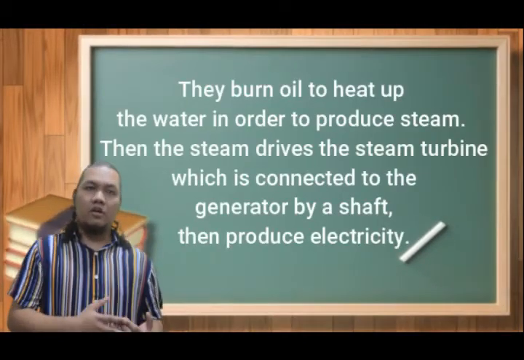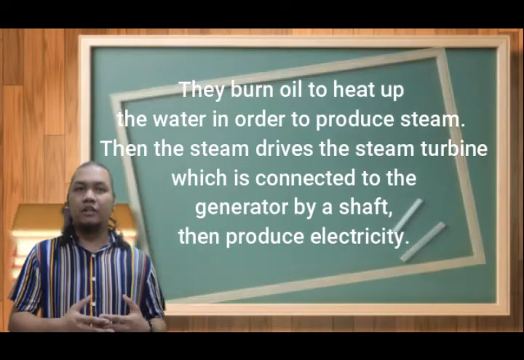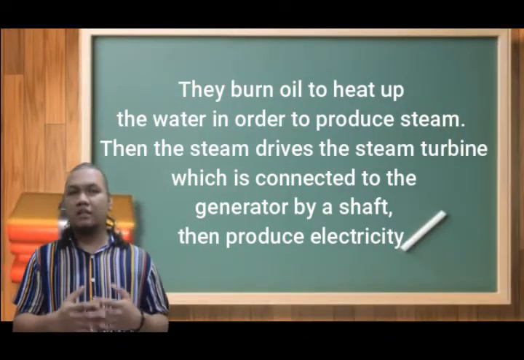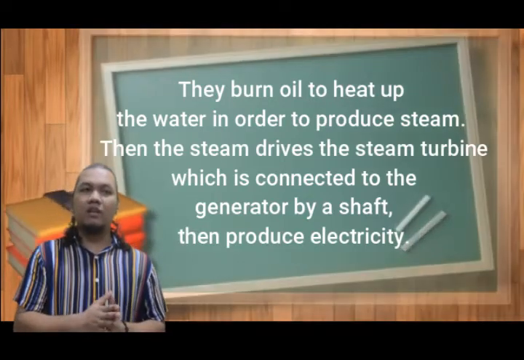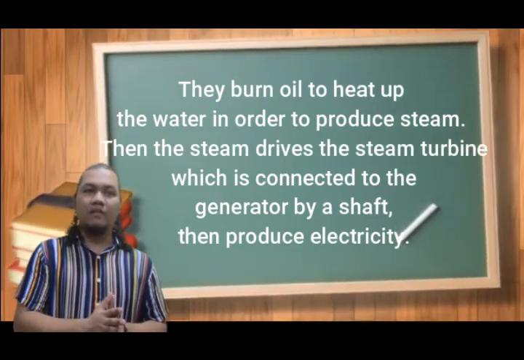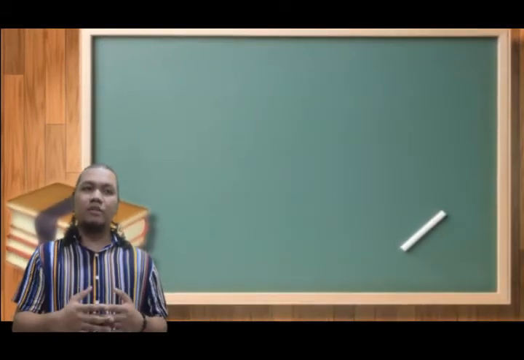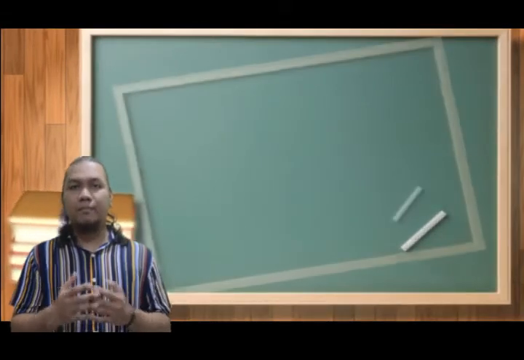They burn oil to heat up water in order to produce steam. Then the steam drives the steam turbine, which is connected to the generator by a shaft, which then produces electricity. That is the basic principle of an oil-fired power plant.